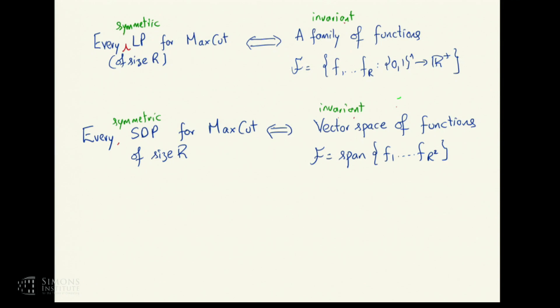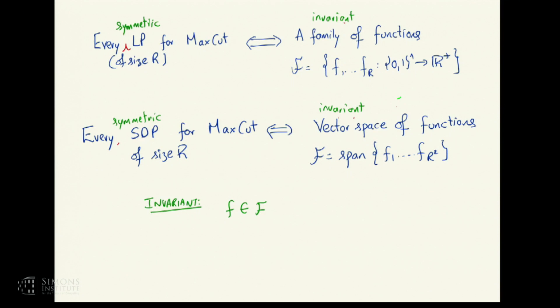So what is an invariant family? Invariant is essentially the family stays the same if you permute. What that means is, if you take a function from the family, then the entire orbit under permuting the inputs also is inside the family.